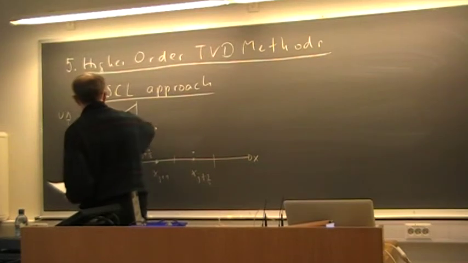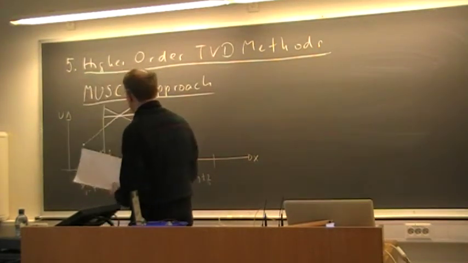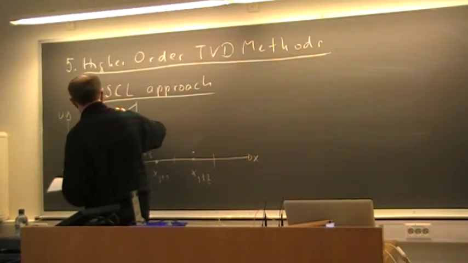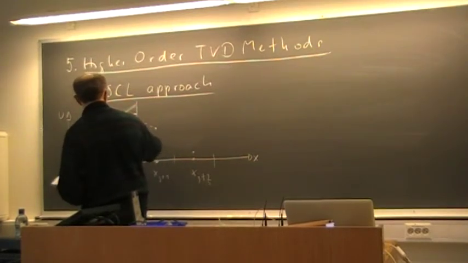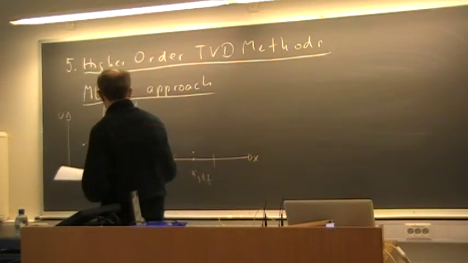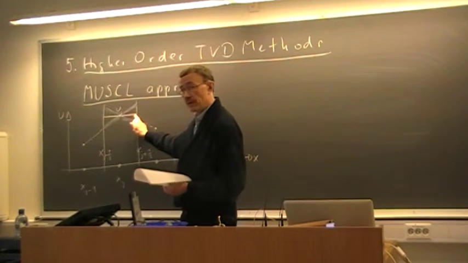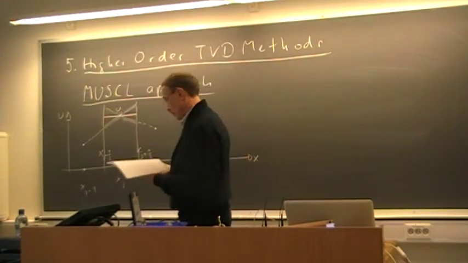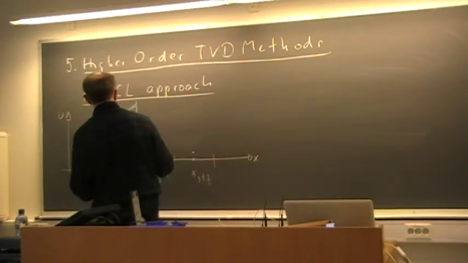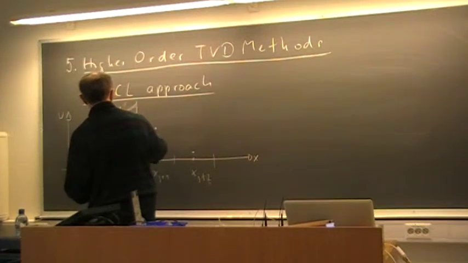So then we assume that we have this distribution here. We don't take either of these, because they have different sign. And so this is the value u_j that will be the left value at the face j+1/2. So we will use this value here, the u_{j+1/2} from the left.